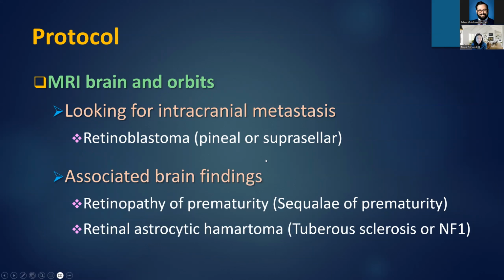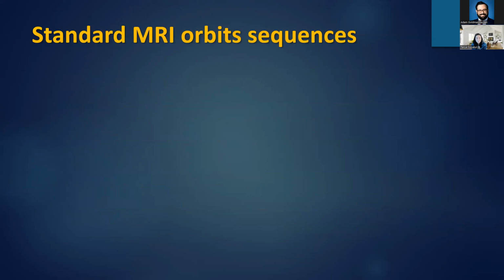And also we want to look for associated brain findings that can happen in the setting of a patient with leukocoria, such as for retinopathy of prematurity, where we look for the sequelae of the preterm baby, such as periventricular leukomalacia or intraventricular hemorrhage, or reperfusion injuries. And for patients with retinal astrocytic hamartoma, which is usually associated with a history of tuberous sclerosis or NF1, we can use the brain findings to help us with the diagnosis of leukocoria.